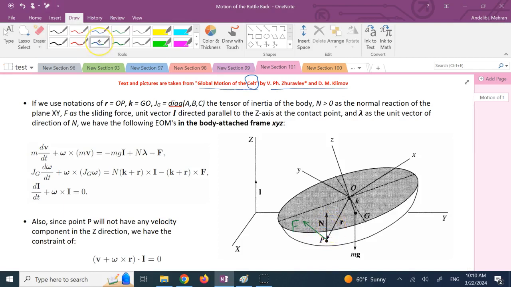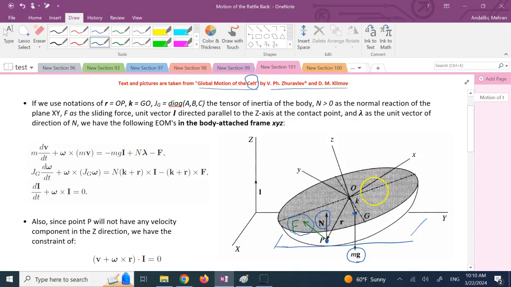There are three forces acting on this celt or rattleback. One is mg at the centroid G here. The two other forces are the friction force F and the normal force N, both applied at the contact point P of the rattleback with the plane XY. So we have three forces.